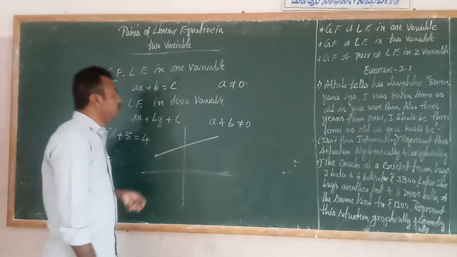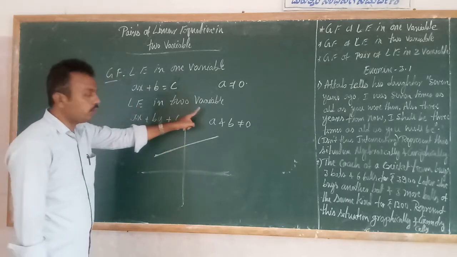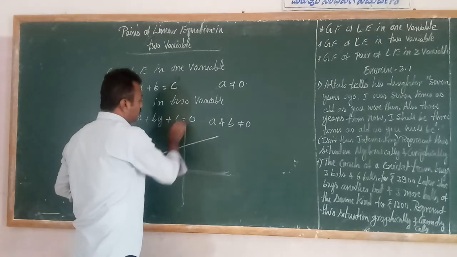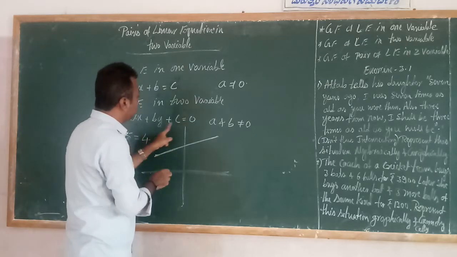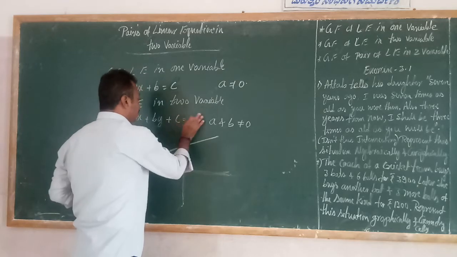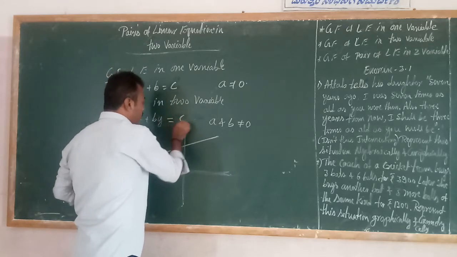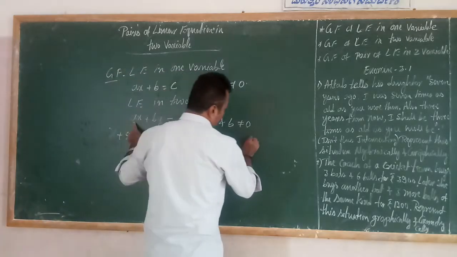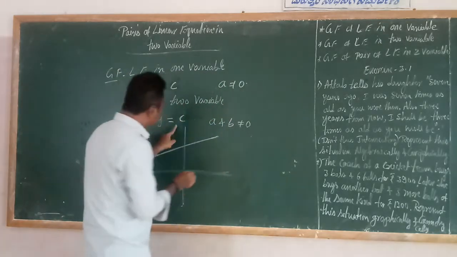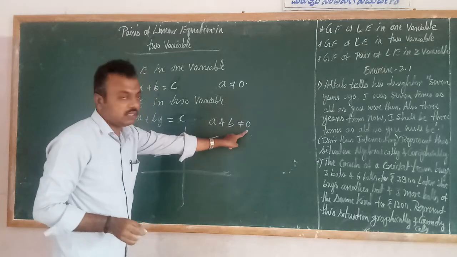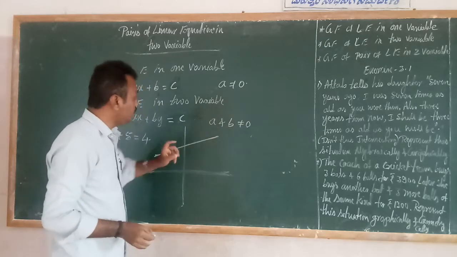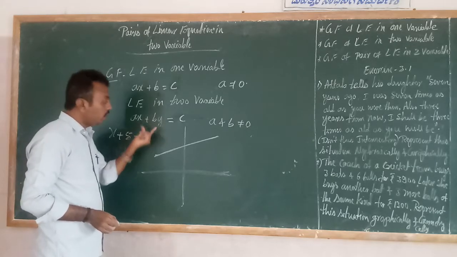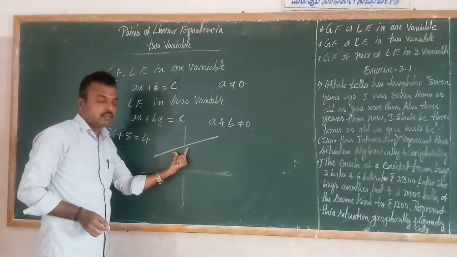Also, if you draw a linear equation in two variables, for example, ax plus by is equal to c, or ax plus by plus c is equal to 0, both are the same. Here a and b are not equal to 0. The graph will be a straight line.